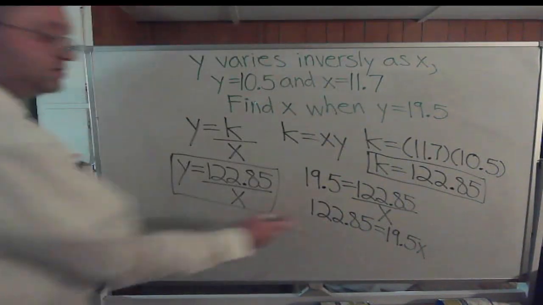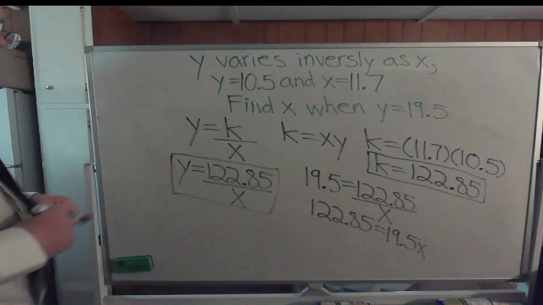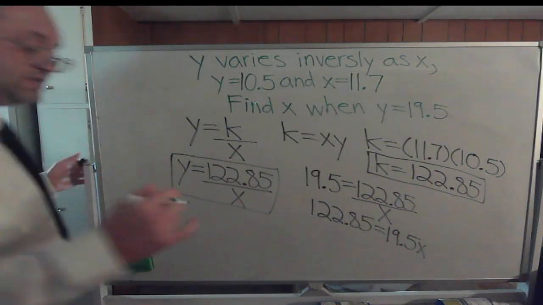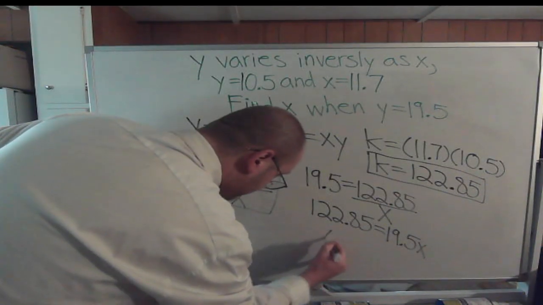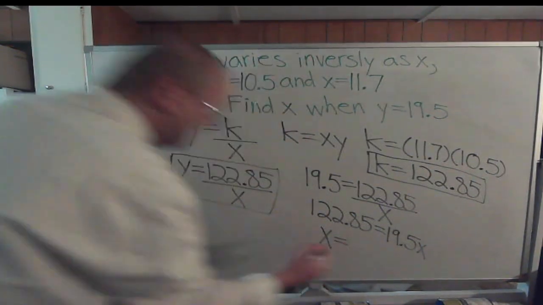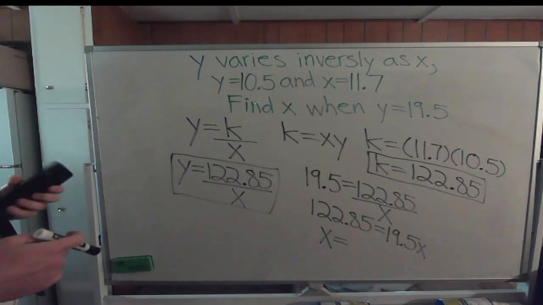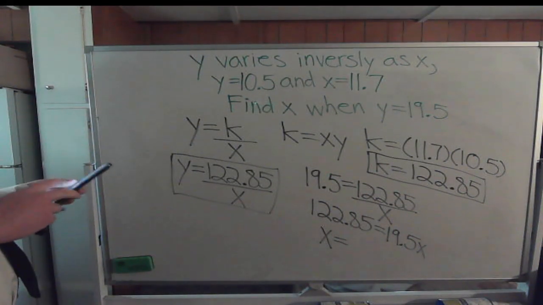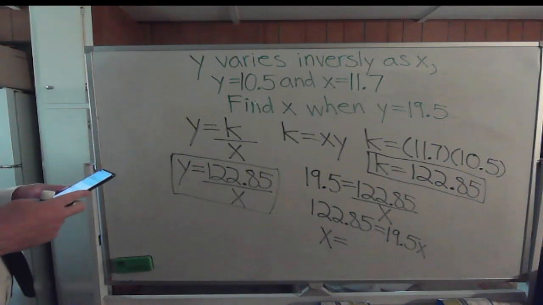So we have 122.85 is equal to 19.5x. And ultimately we want to solve for x, so you've got to divide both sides by 19.5. Divide the right side by 19.5, you just get x. That'll be equal to 122.85 divided by 19.5, which I get 6.3.